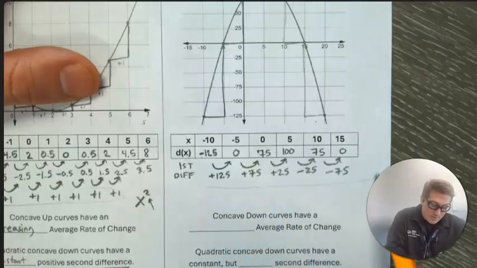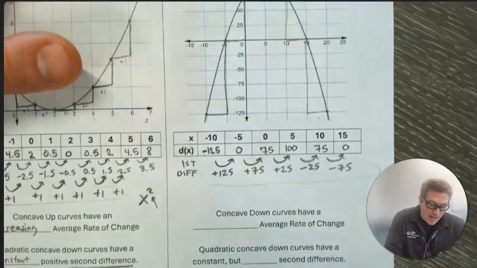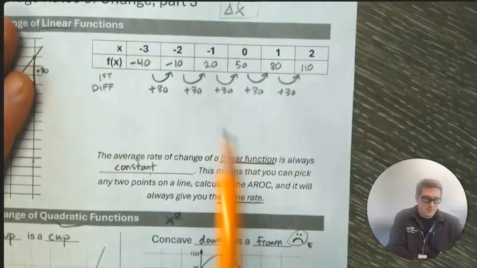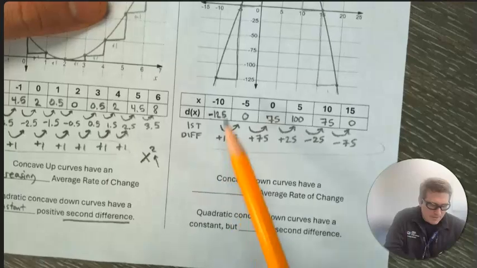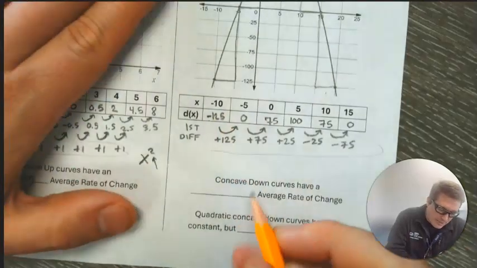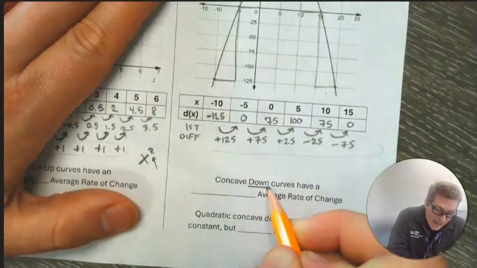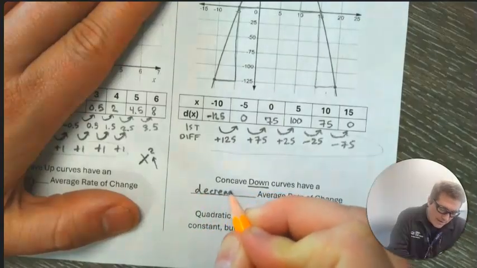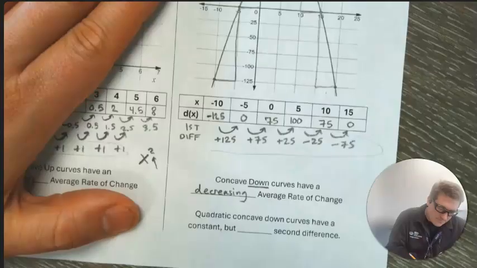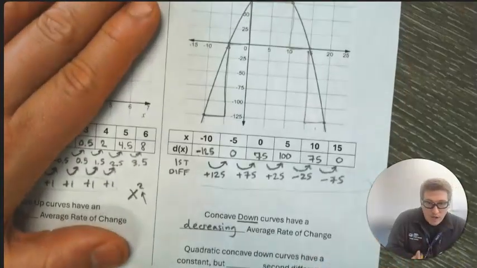So look, my average rates of change, they're not constant. I mean, in a linear function, the average rates of change are a constant number. But here, they're dropping. They're decreasing. A concave down curve has a decreasing rate of change. And watch this.